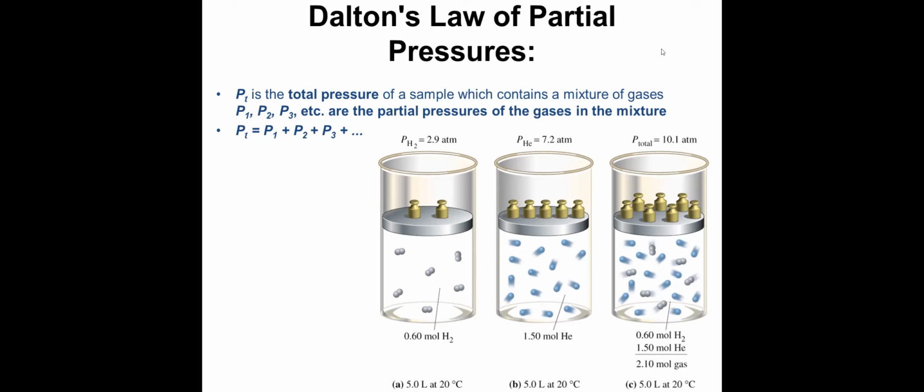When we add the partial pressure of hydrogen to the partial pressure of helium, that gives us a total pressure of 10.1 atmospheres. We just added them together. And then that total pressure is comprised of 2.1 moles of this gas, which is a mix of helium and hydrogen. This is Dalton's law.